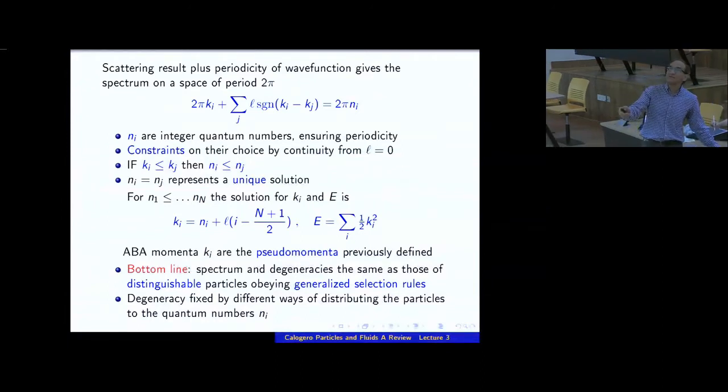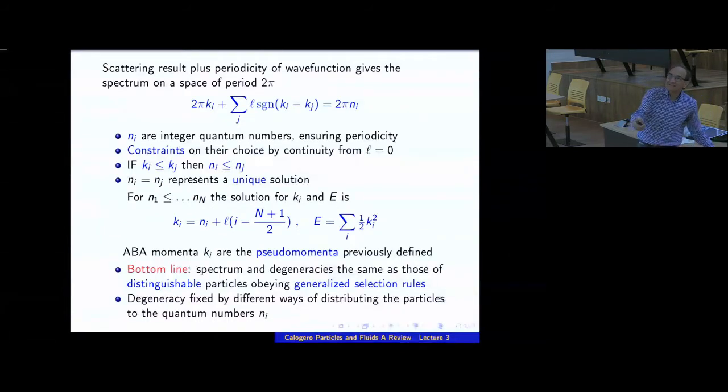When L goes to 0, you know that if you have particles with momenta k_1, k_2, ..., k_n, and the momenta are ordered like that, then these numbers should also be ordered like that.